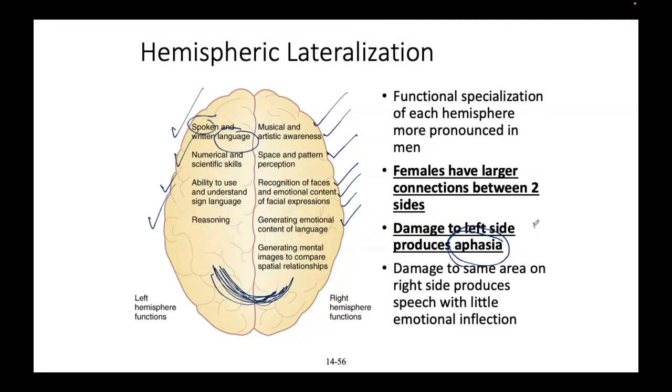Okay, and typically on the left side, there's an area called Broca's area, which is area number 44, that could be damaged that affects that. Okay, so that's a little bit about hemispheric lateralization, understanding what the left side does predominantly, what the right side does, but because of that corpus callosum, they are communicating with each other left to right.